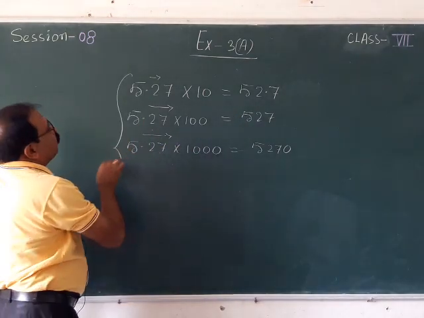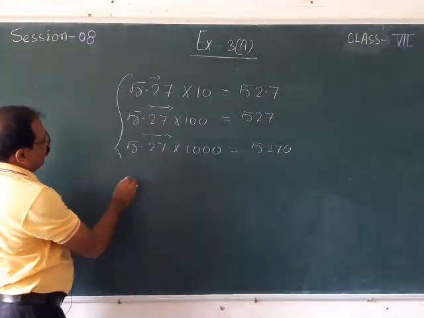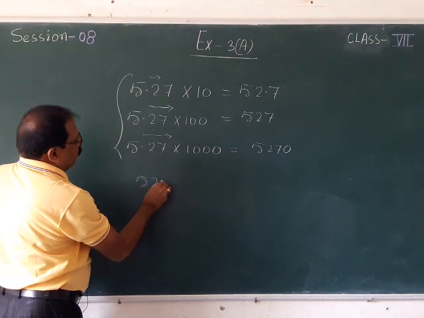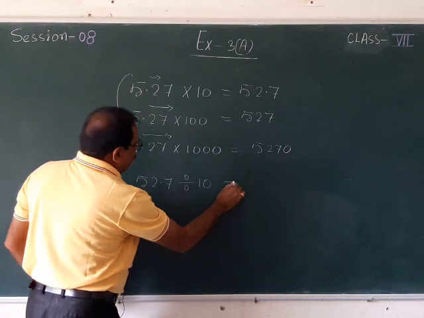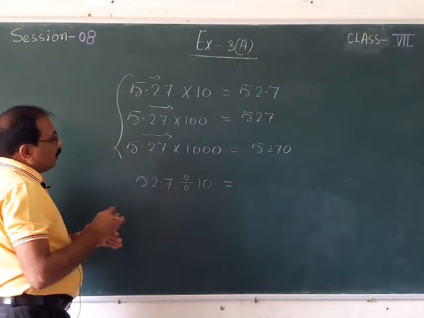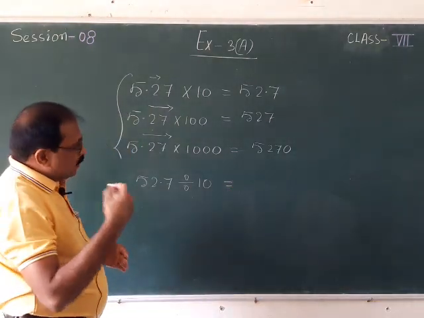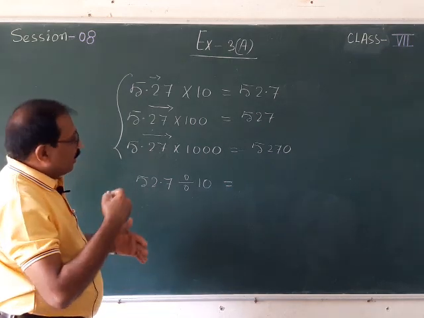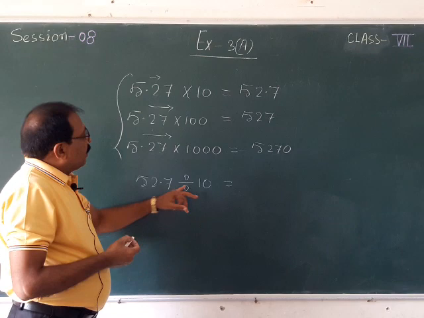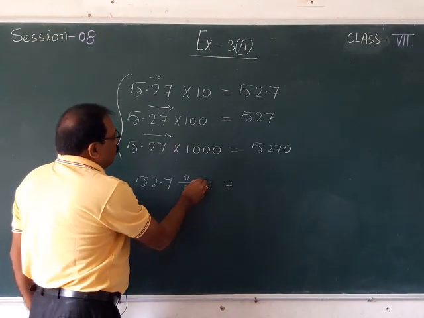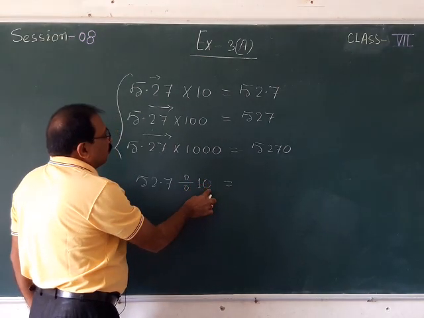Now if I am talking about division, suppose you want to divide 52.7 by 10, then what are you doing? In case of multiplication, the decimal is shifted left to right as many places as there are zeros on the 1.